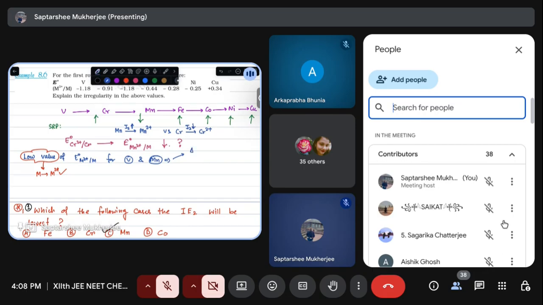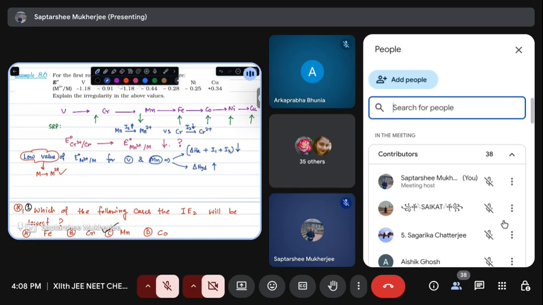Most likely, delta H atomization plus I1 plus I2 are compensated by the hydration energy. Hydration enthalpy compensates.